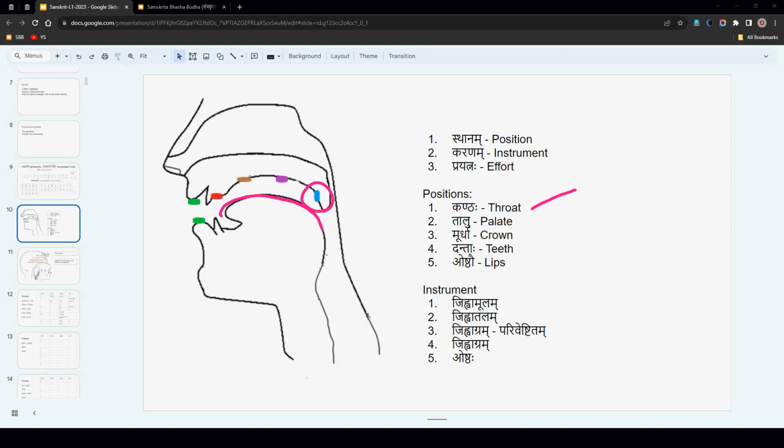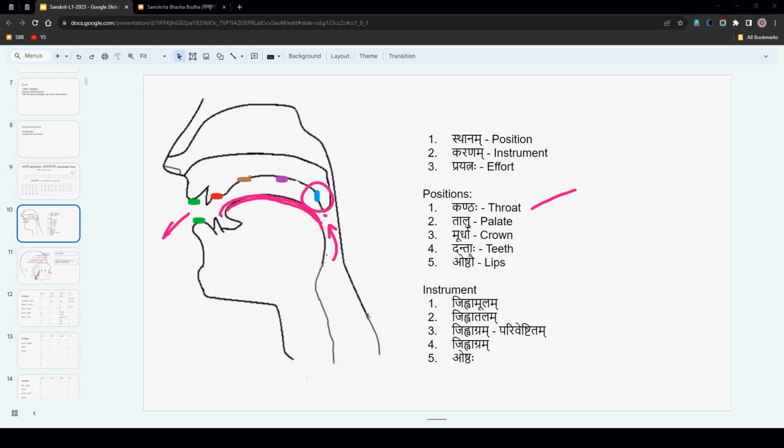Like a drum or anything, or even a flute, this is more like a wind instrument, like a flute or harmonium, where two parts have to touch each other to produce a sound. Here, the juhva part is the instrument when the wind is coming out through the throat and passing through this passage of the mouth.